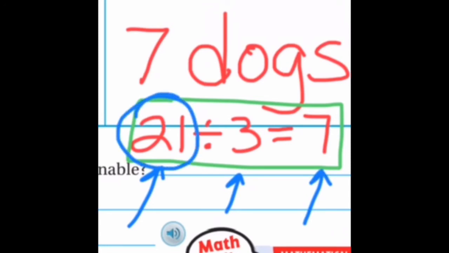Okay, that first number right here is going to be the biggest number for us in division in 3rd grade. Somewhere down the road in a few years, that might change, or that will change. But for now, we're just learning it, so our biggest number always goes first in division. You should repeat that into your head right now. The biggest number always goes first in division, just like subtraction.